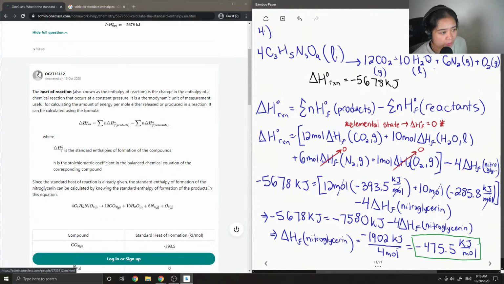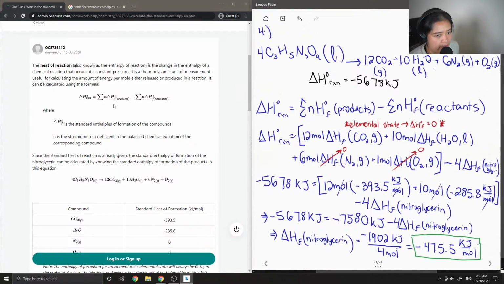So it is a thermodynamic unit of measurement useful for calculating the amount of energy per mole either released or produced in a reaction. It can be calculated using the formula delta H of reaction is equal to the sum of n times the delta H of formation of our products minus the sum of n times the delta H of our reactants.